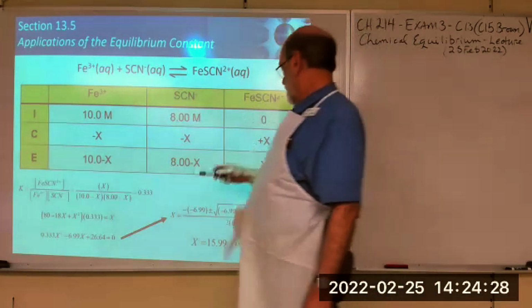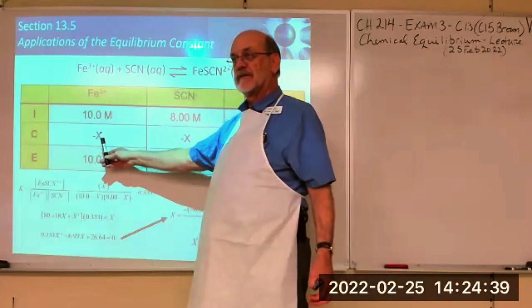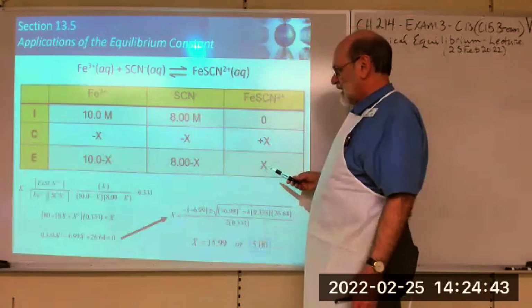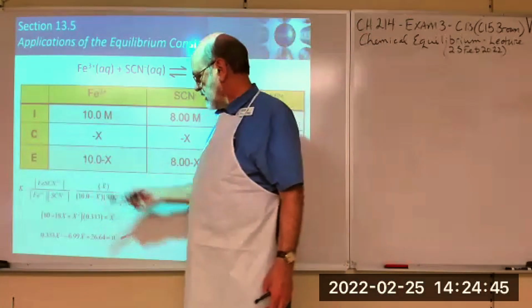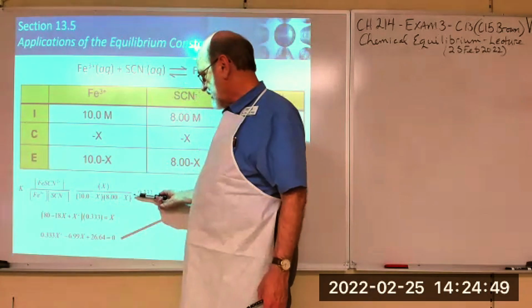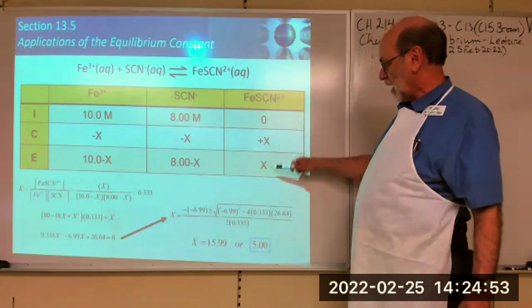Now we say 10 minus X, 8 minus X, and X are the equilibrium values. We plug those in here, equal to K. If we solve for X, that will answer the question, how much of that is there?